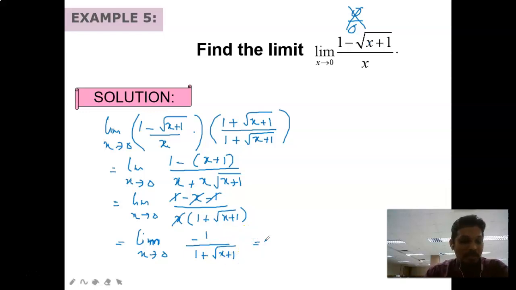So let's substitute x equal to 0 here, so 0 plus 1 equals 1. Then negative 1 divided by 1 plus 1 equals negative 1 over 2.